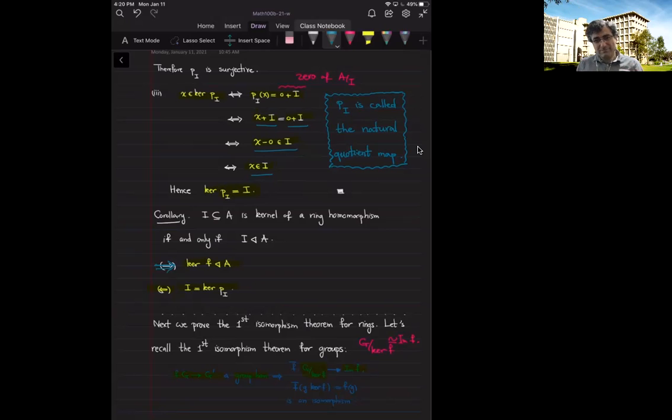Now, as we promised, we want to get to the first isomorphism theorem. So I want to prove the first isomorphism theorem for rings. But before doing so, let's recall the first isomorphism theorem for groups. So we are given a group homomorphism f from G to G prime. Then the first isomorphism theorem for groups says that the quotient group G modded by the kernel of f is isomorphic to the image of f.